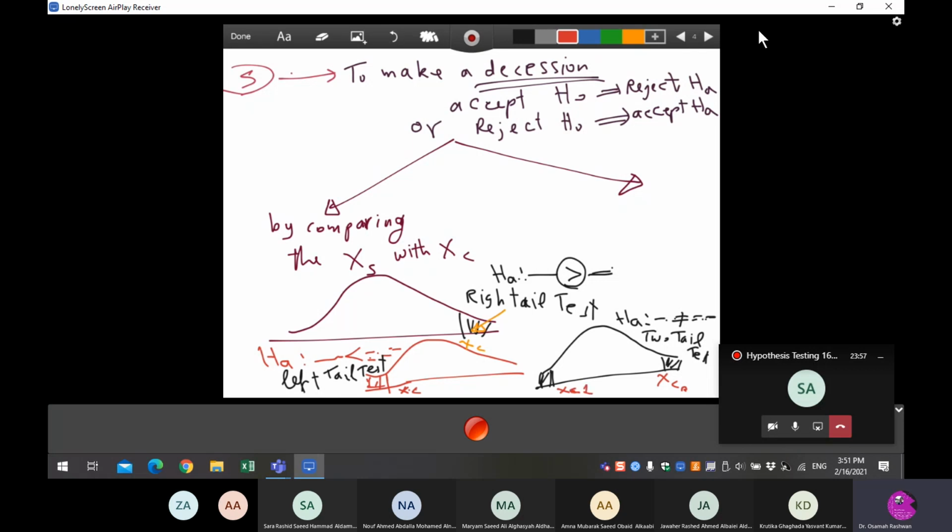Now, if your stat value comes here, in the rejection area, you reject H naught. But if your stat value comes anywhere here, you accept the null hypothesis, right? Very similar to this one here or this one here. So this is the acceptance area.